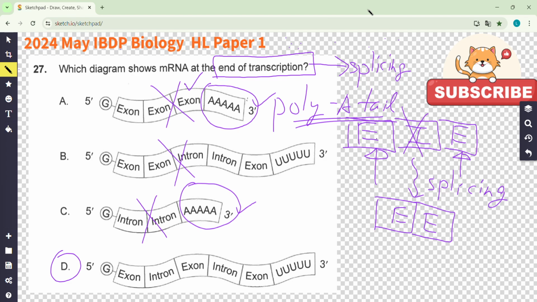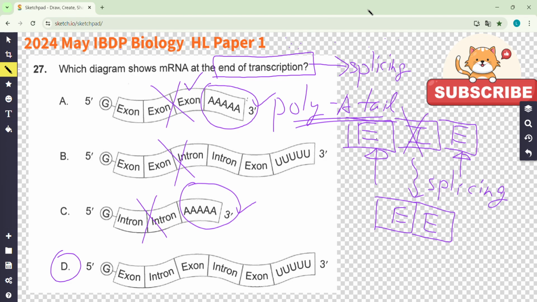So my problem is, this question is contradictory. From the poly A tail point of view, A and C should be the answer. But from my understanding of exon, intron, and the procedures, transcription and splicing, D should be the answer. So I have to make up my mind which one is more important.